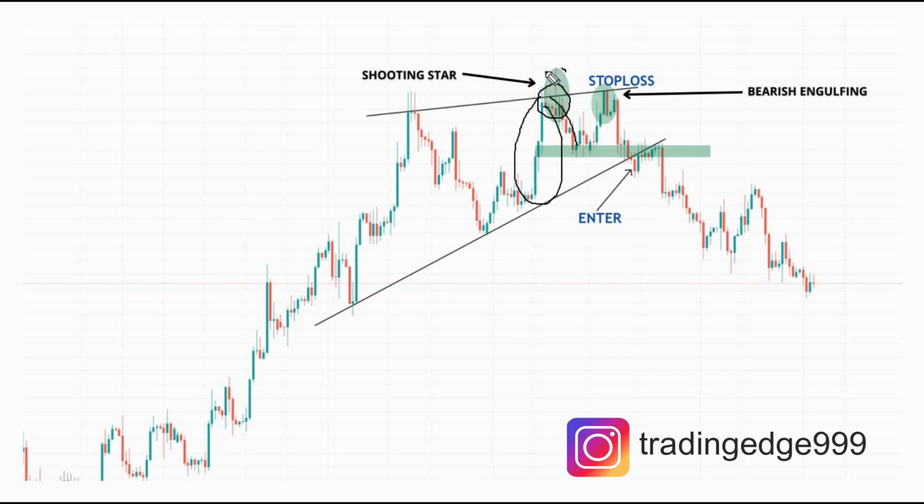And what kind of pattern is it forming? A shooting star pattern at a resistance zone or at a supply zone. So this is an indication that sellers are very, very aggressive at this price area than the demand side. Okay, then after making higher lows, prices again tried to break through this resistance zone and continue its upward momentum.